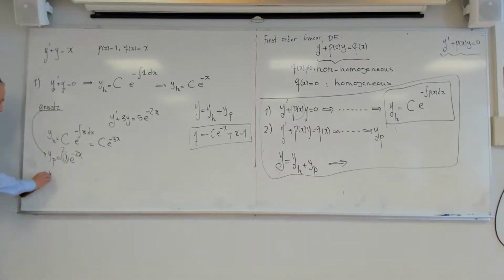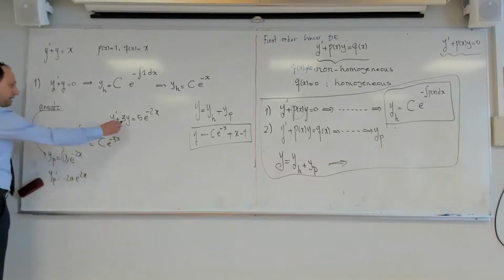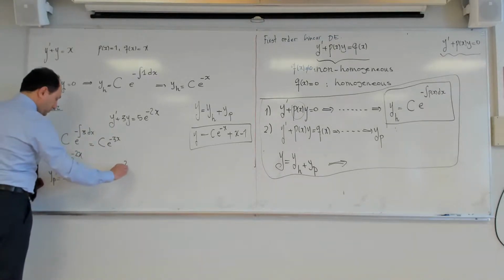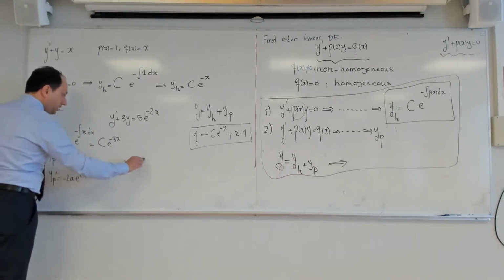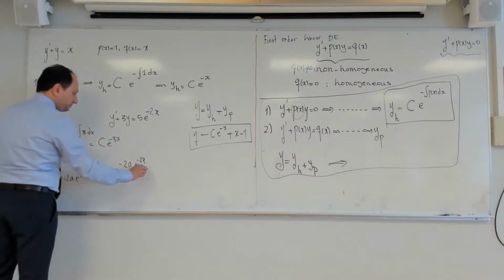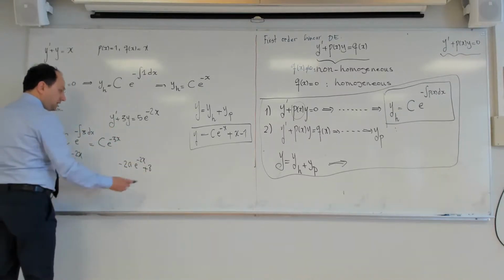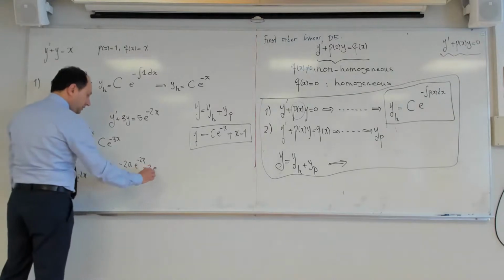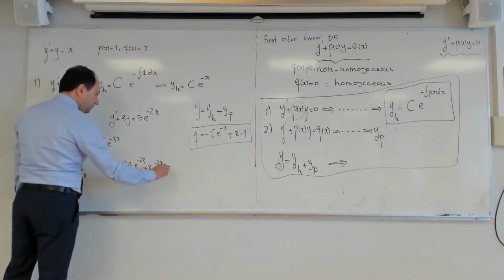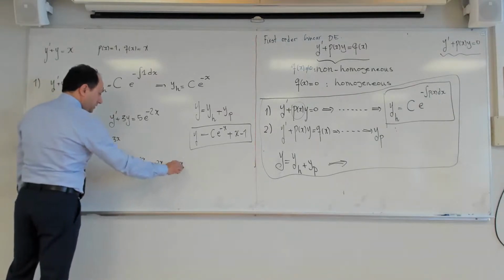We need to determine that one. So we calculate this, it becomes -2a e to the power -2x. And then I plug it back into this equation. So it becomes -2a e to the power -2x, and then plus 3a e to the power -2x is equal to 5 e to the power -2x.